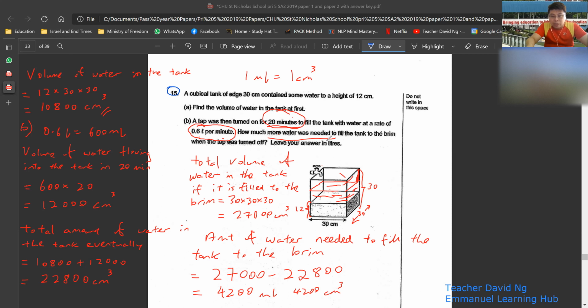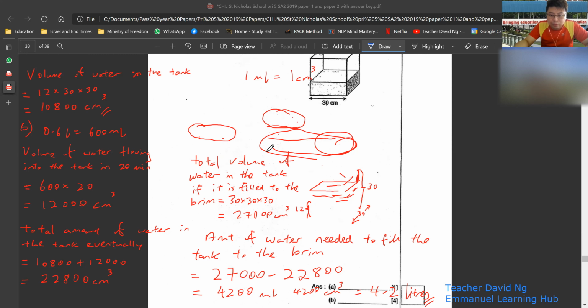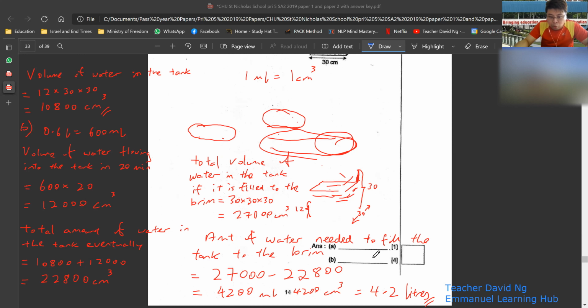But the question is not asking for ml or cm3. Before you write down your answer, double check: liters. So you convert it to 4.2 liters. Okay? Yes. Then here you write 4.2 liters.